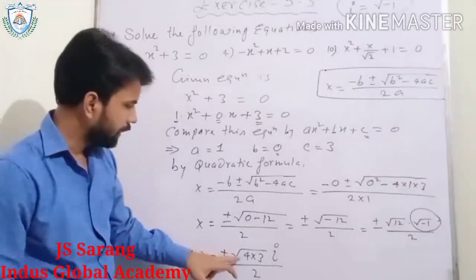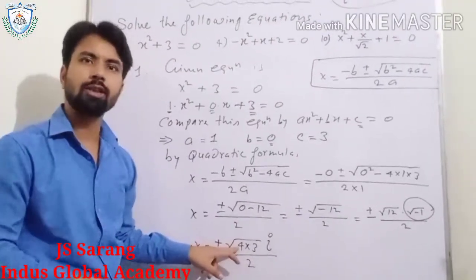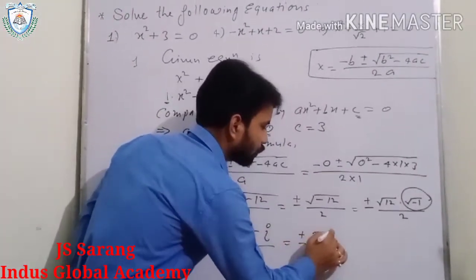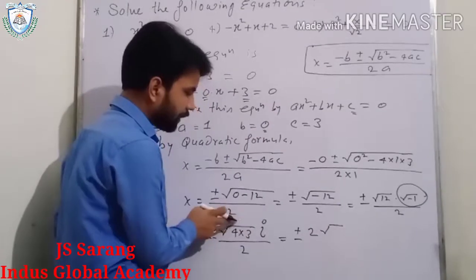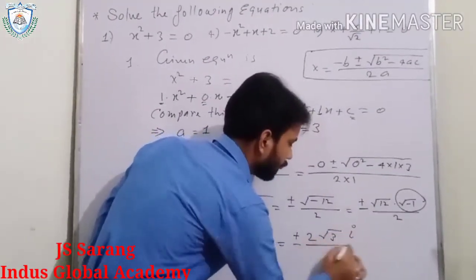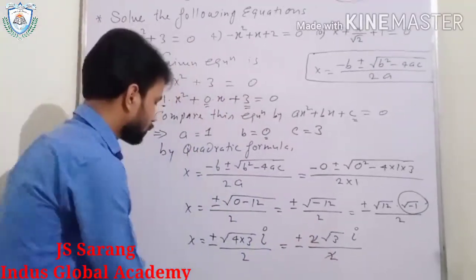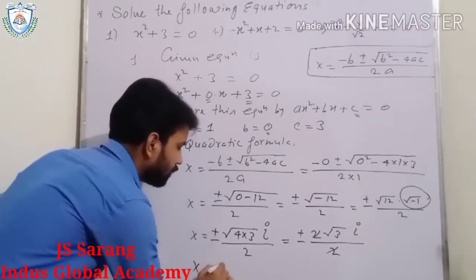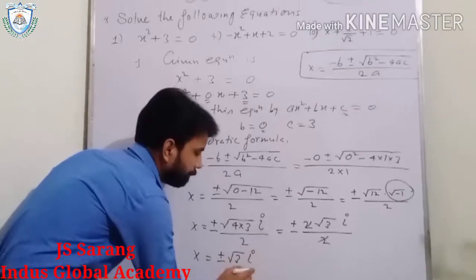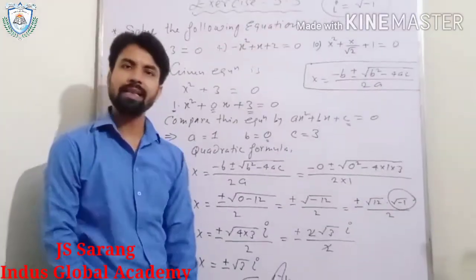Clear? Now see, square root 4. We know that the square root of 4 is how much? 2. So it will be plus minus 2 under root, what is left in square root? That is 3 i upon 2. Now this 2 and this 2 both can be cancelled. So the value of x equals to plus minus under root 3 i. This is our answer. Hope it is clear to everyone.